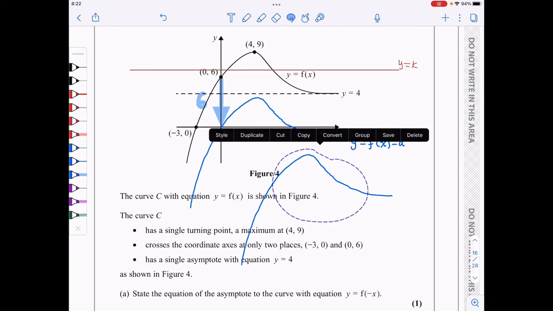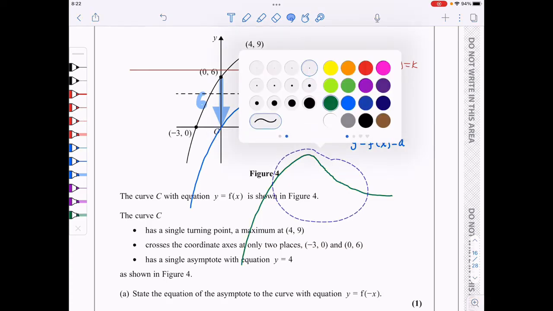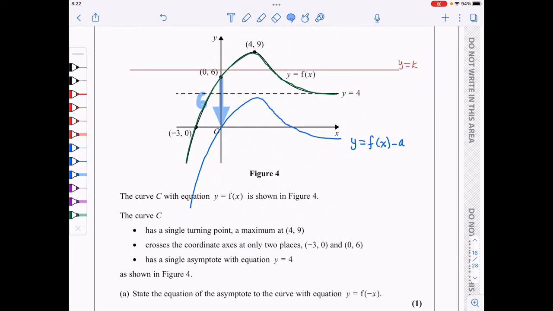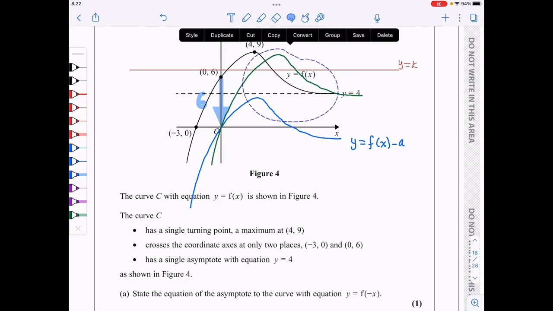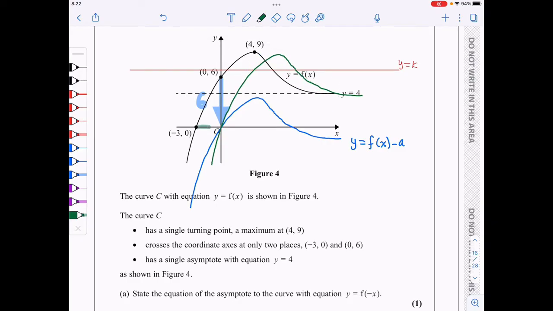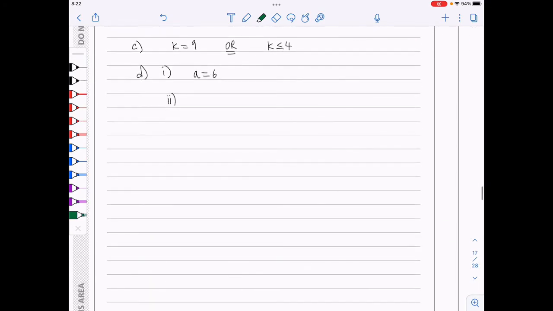So I could take the curve here and go to the right so that it sits here. This means I need to go 3 units to the right. We know that the translation 3 units to the right is y is equal to f of x minus 3.